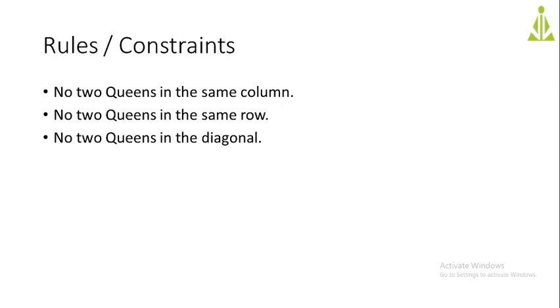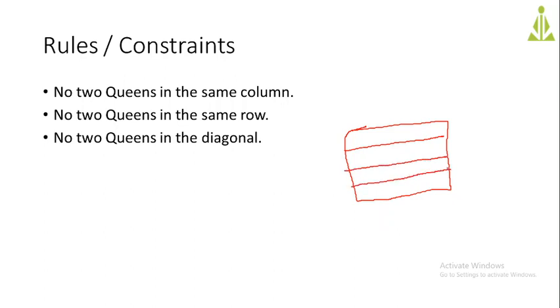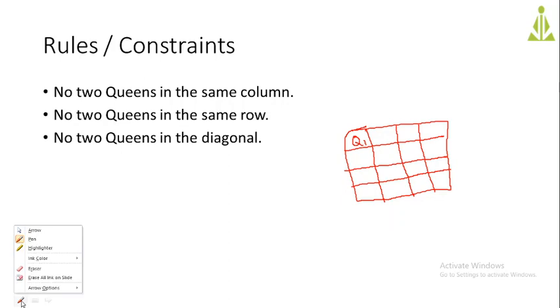Whenever you are placing the queens in the 4 by 4 matrix, for example, if you are placing queen 1 in the first column, the rest of the queens you cannot place in the same column, as well as you cannot place in the same row.